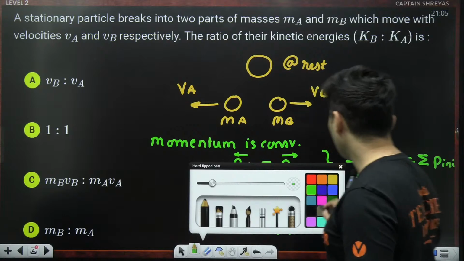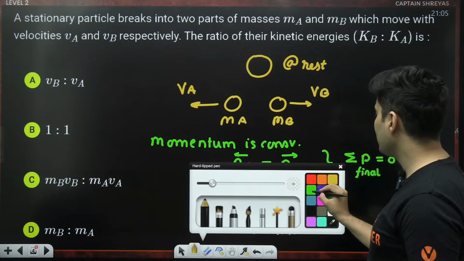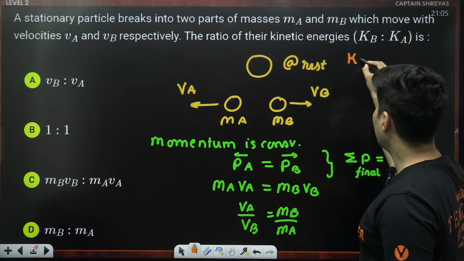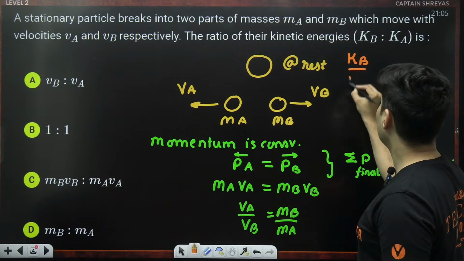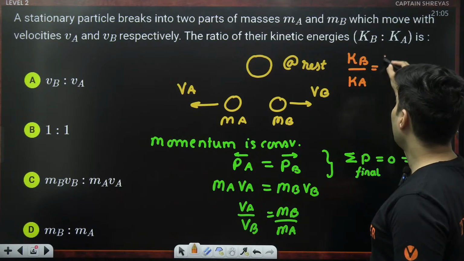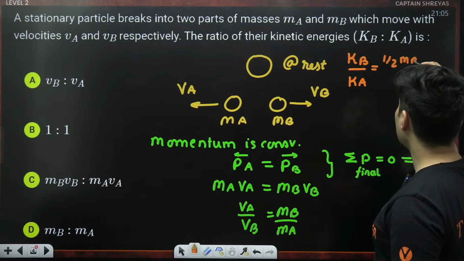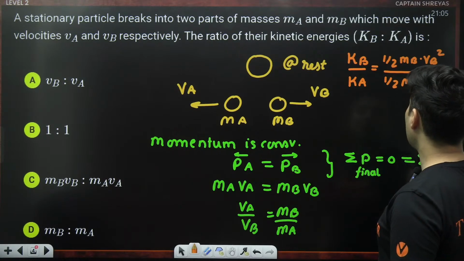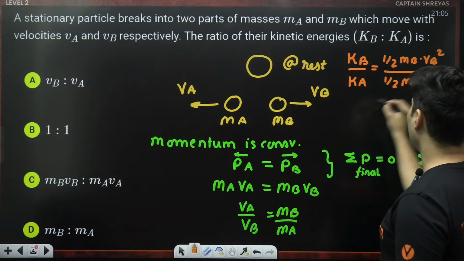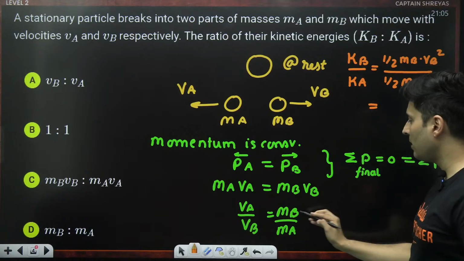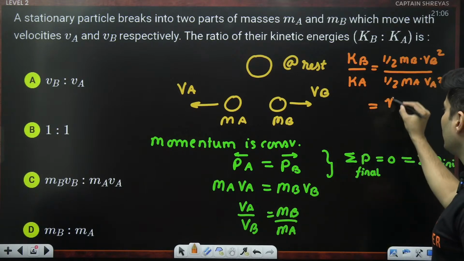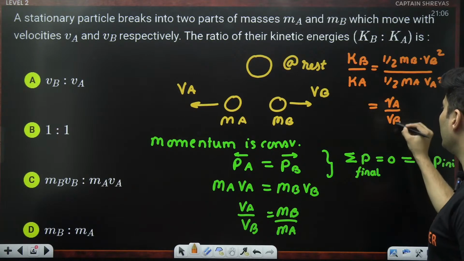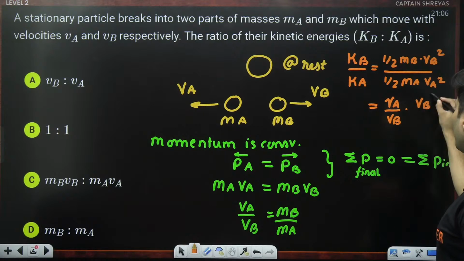But we have to find the ratio of the kinetic energies. So kinetic energy Kb by Ka will be half Mb Vb square divided by half Ma Va square. Half cancels. What is Mb by Ma? It is nothing but Va by Vb. This Vb square was here, this Va square was here.